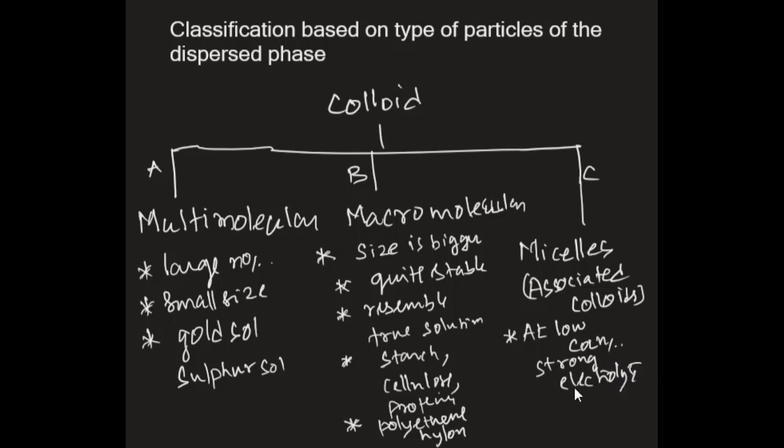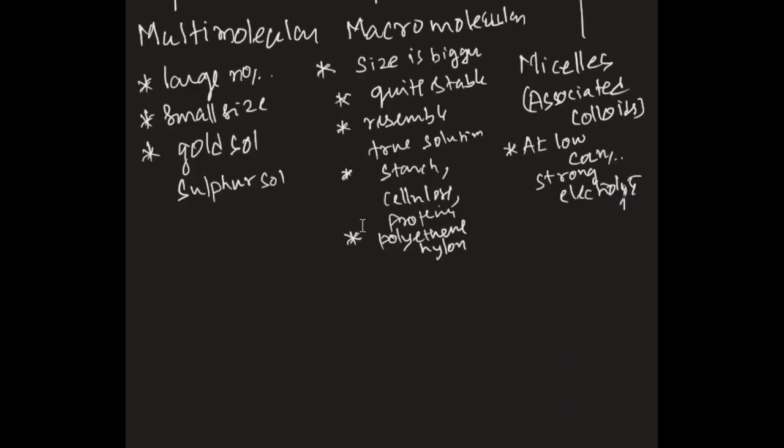Okay. So at lower concentration, but at higher concentration, they form aggregation. That is, they exhibit colloidal nature at higher concentration. So at higher concentration, they form aggregated molecules called micelles. You understand?